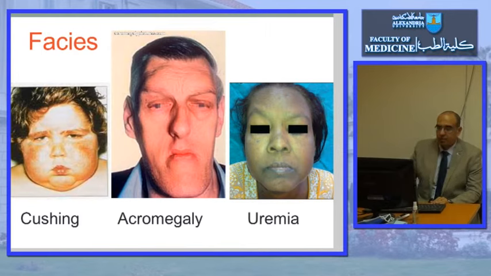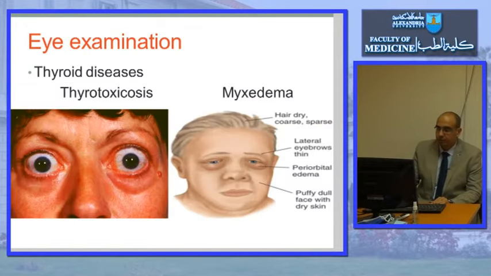As we see here, this is the acromegalic phase with elongated lower mandible and enlarged nose, ear, and prominent maxilla. And this is uremia, a patient with chronic renal failure, with that earthy look due to abnormal pigmentations in renal failure patients.